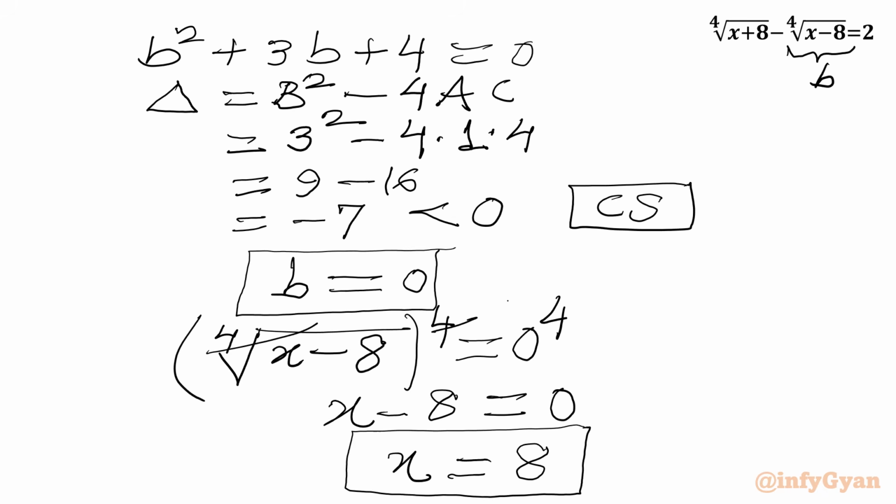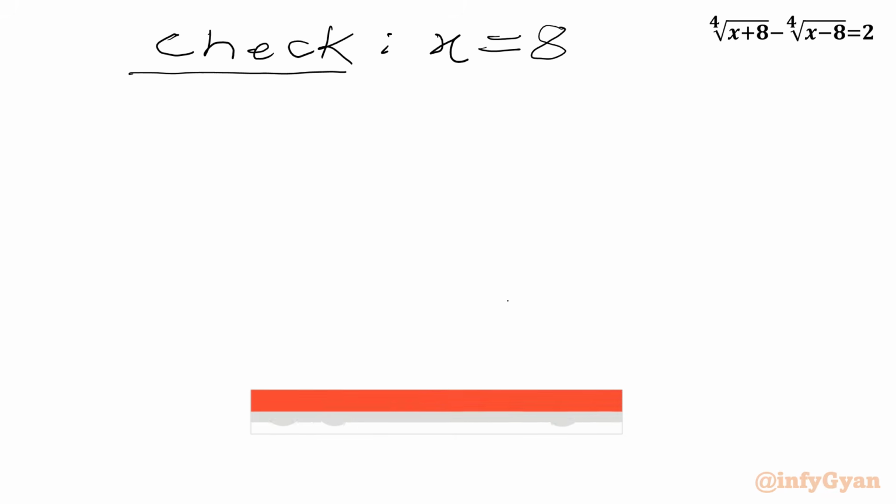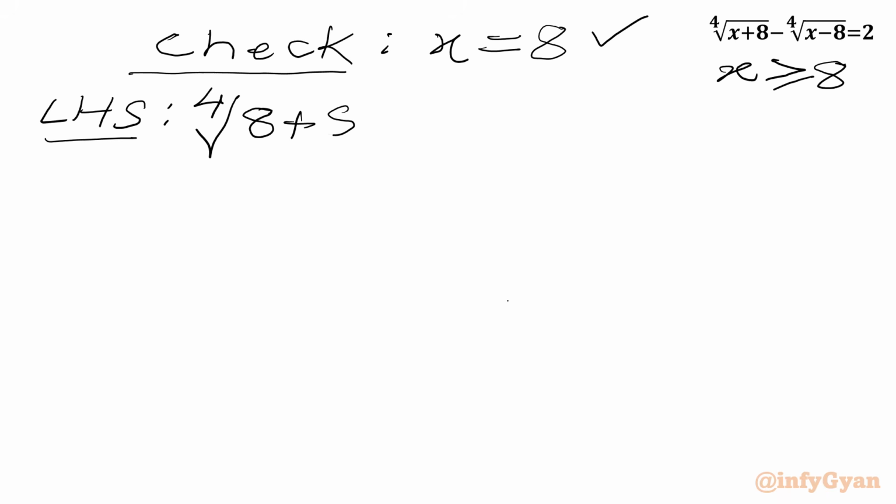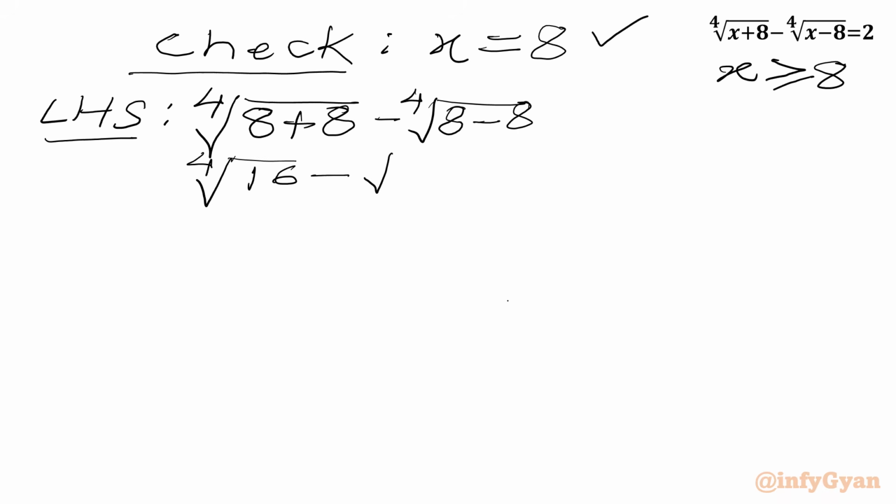Now we are going to verify our solution. So I will write here check, x equal to 8. As per the domain, x should be greater than or equal to 8. So it is true. Let's begin from the left hand side. Fourth root of 8 plus 8 minus fourth root of 8 minus 8 will be equal to fourth root of 16 minus fourth root of 0.